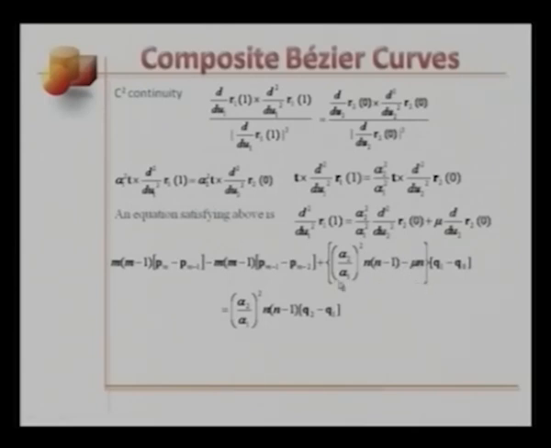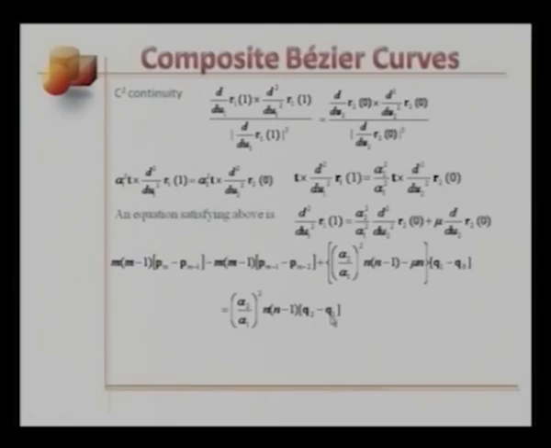This is a coefficient for Q1 minus Q0, and that should be equal to (alpha 2 over alpha 1) the whole square times (n minus 1) times (Q2 minus Q1). All I have done is regroup the terms P_m minus P_{m-1}, P_{m-1} minus P_{m-2}, Q1 minus Q0, and Q2 minus Q1.